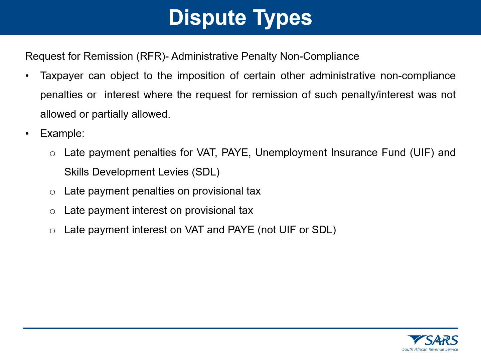For example, late payment penalties for VAT, pay-as-you-earn, UIF, and SDL. Late payment penalties on provisional tax, late payment interest on provisional tax, late payment interest on VAT, PAYE, and not UIF and SDL.